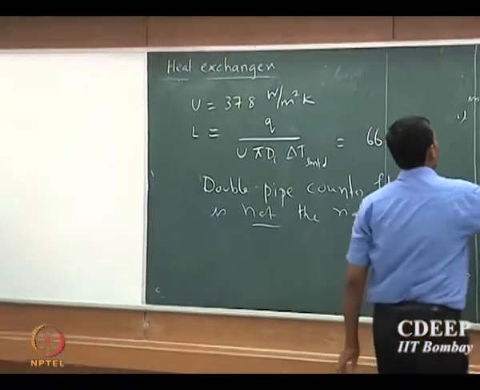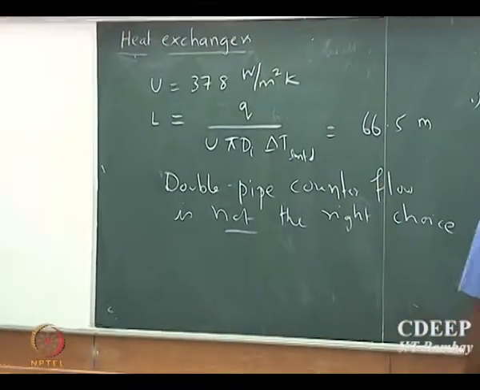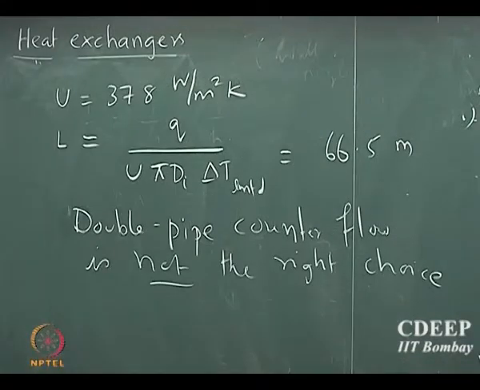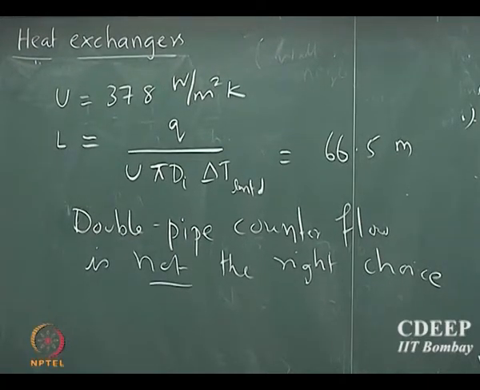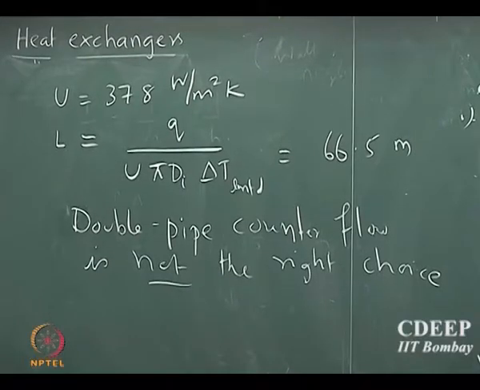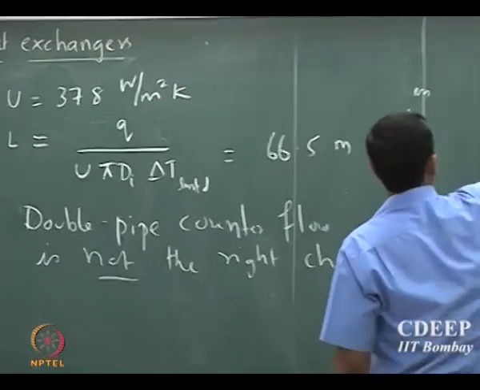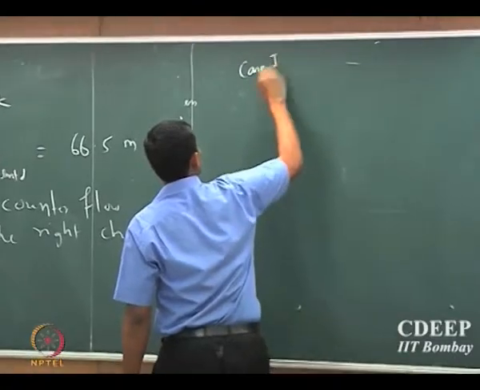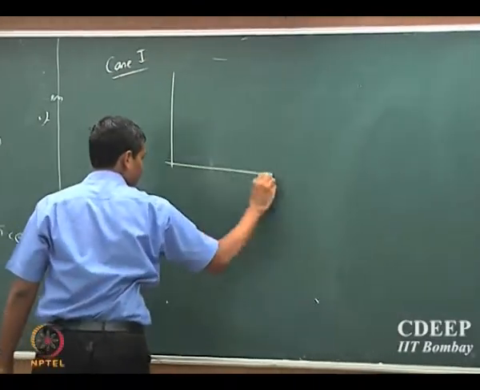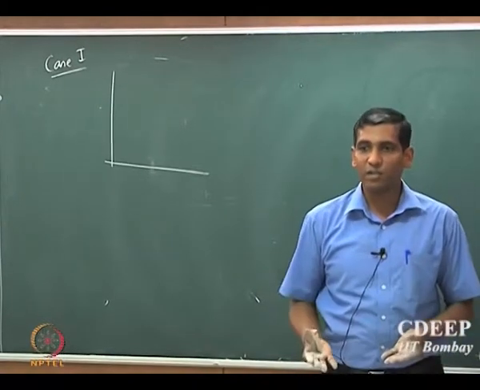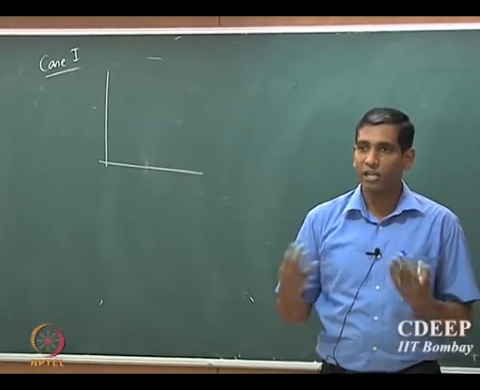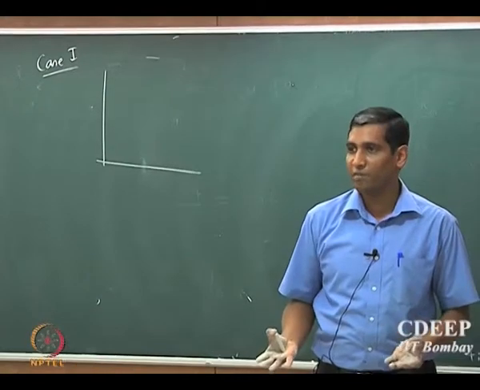Alright, so what we will do next is look at some special cases. I will just sketch some of the temperature profiles, and then we will move on to the log mean temperature difference for shell and tube heat exchangers. The first case we will look at is where you have a condensing steam or condensing fluid in one of the chambers.